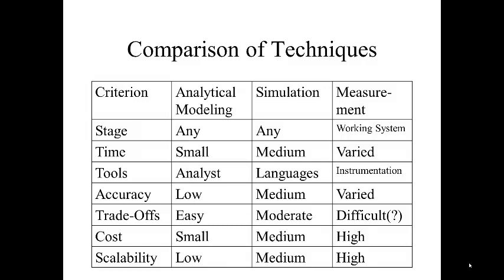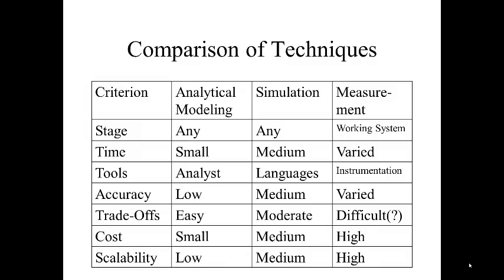And the last technique, of course, is measurement. Here you need a working system, so that's the real trade-off. That's the real drawback to this. Once you have the working system, you can actually instrument it, and the time to do that varies. You do need some form of instrumentation, or putting in appropriate breakpoints or time points that you're writing out to log files, or a system that automatically does that for you, like Segue's SilkPerformer.